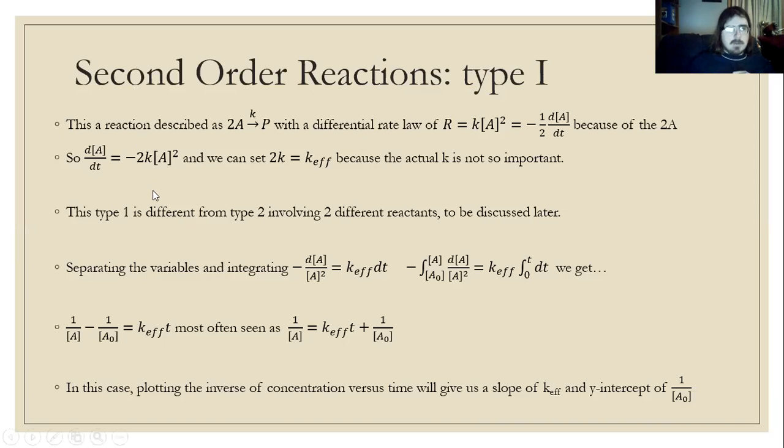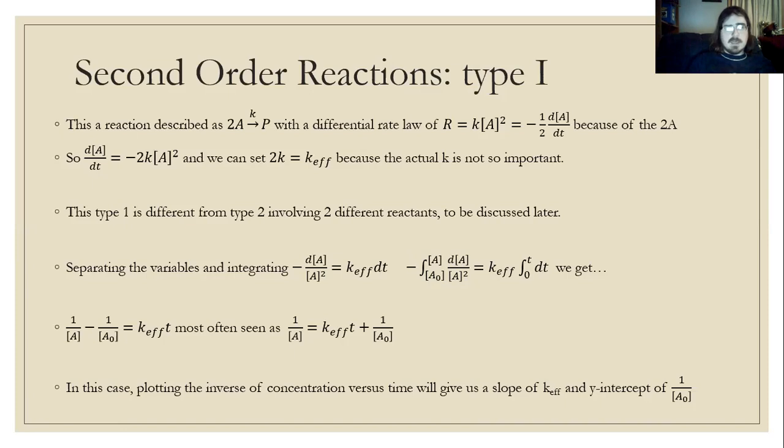So separating our variables, we divide both sides by A squared, multiply both sides by dt. We get negative dA over A squared equals K effective dt. Integrating K effective dt with respect to t is just going to be K effective t. But integrating 1 over A squared dA is going to give us, so 1 over x squared gives us negative 1 over x plus c.